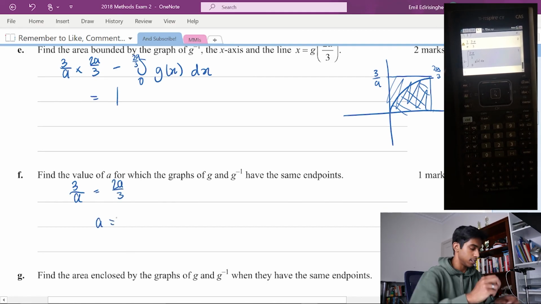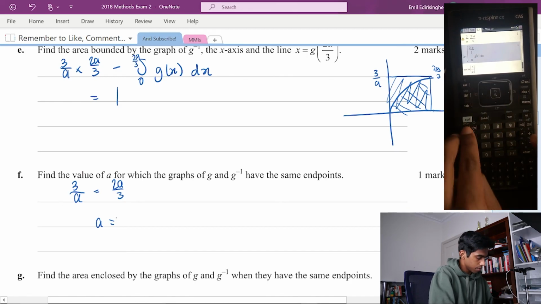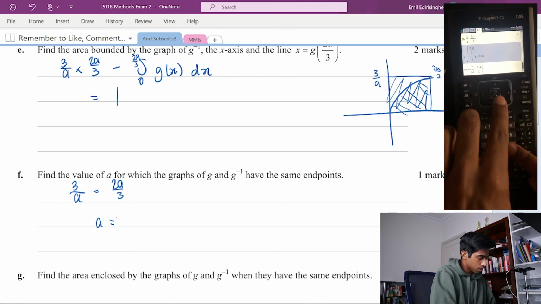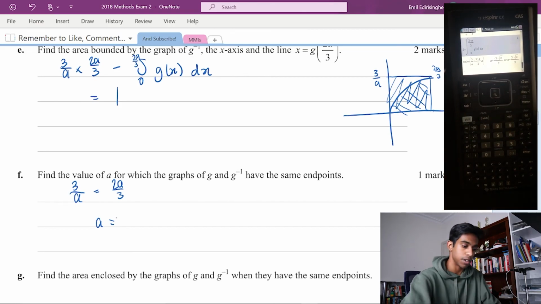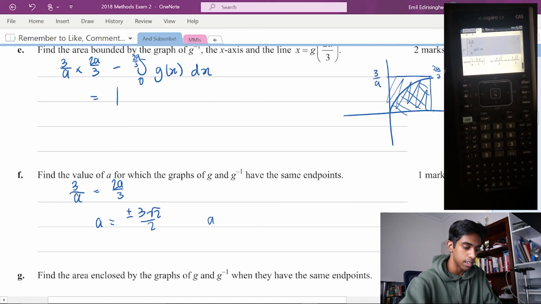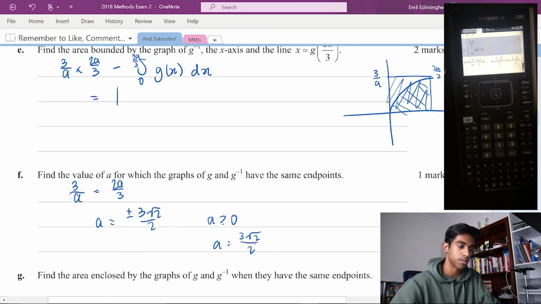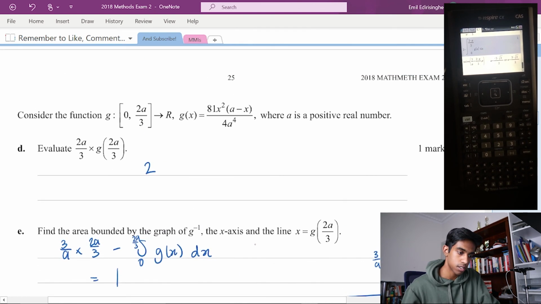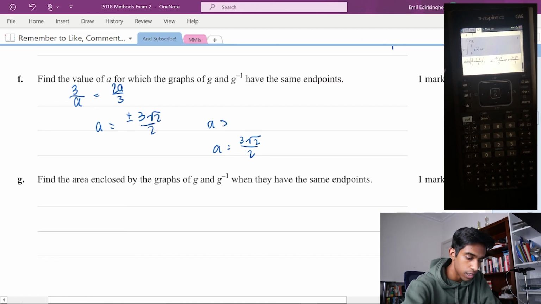That gives us a is equal to plus or minus 3 root 2 on 2, but a is greater than 0, so a is equal to 3 root 2 on 2, and we'll check what it is. A is a positive real number, so a is just greater than 0.